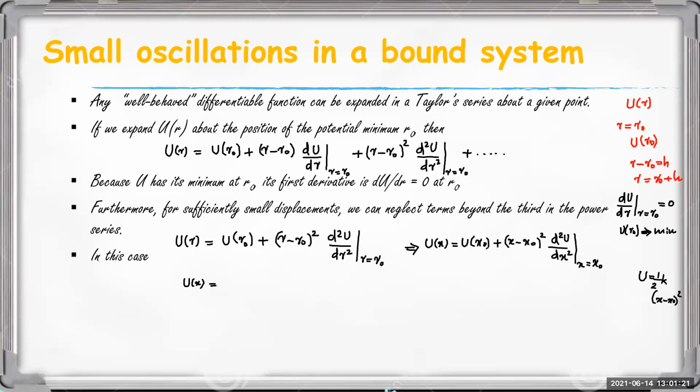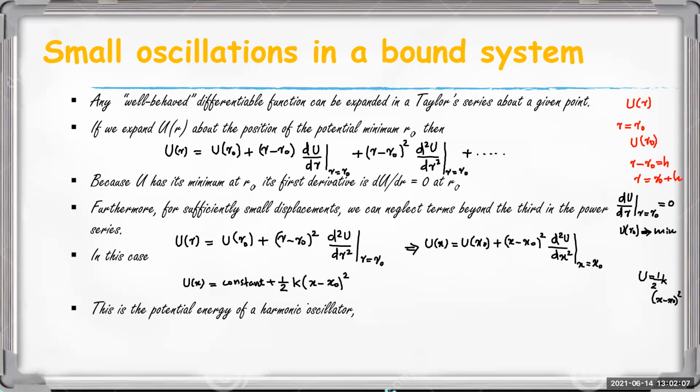We know that u of x0 is a constant. So the potential energy of the harmonic oscillator is u of x equal to a constant plus 1 by 2 k into (x minus x0) whole square. This is the potential energy of the harmonic oscillator.